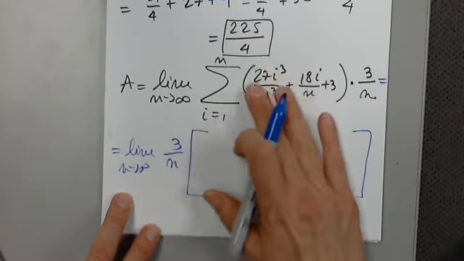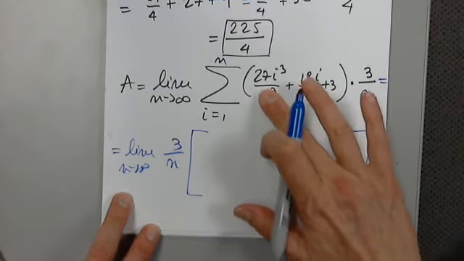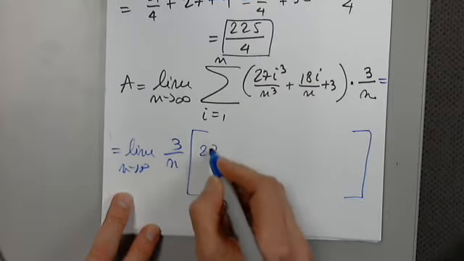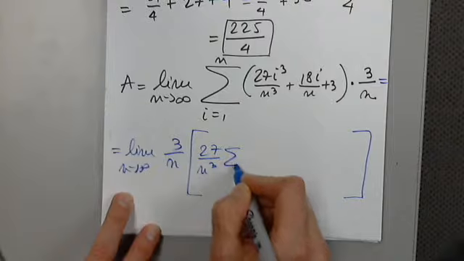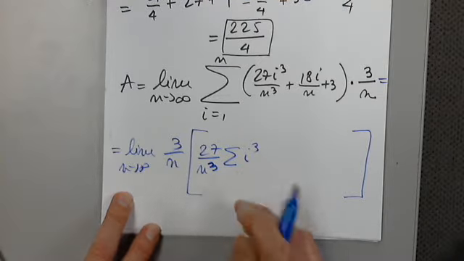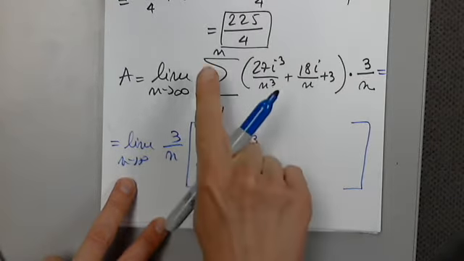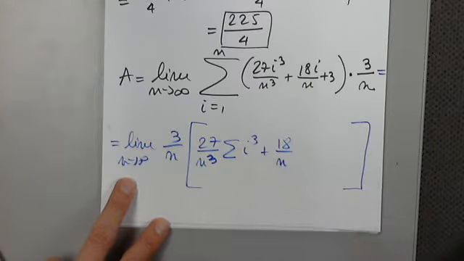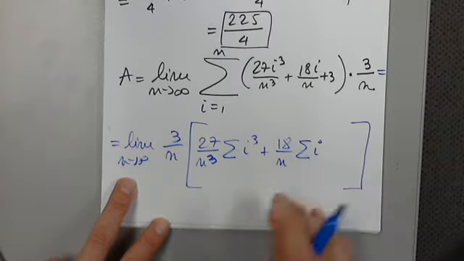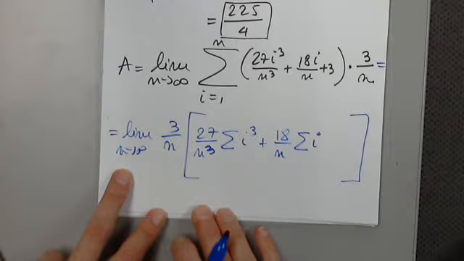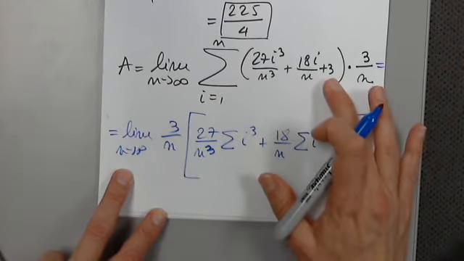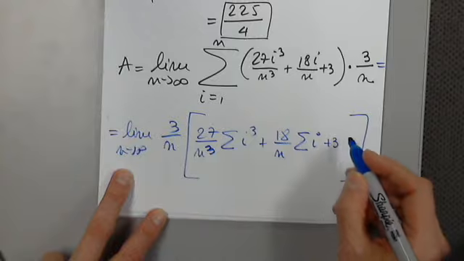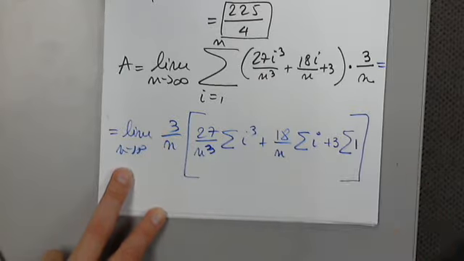When I put the summation on the first term, this portion is a constant, so it comes outside. So this is a sum of i cubed. When I put the summation on the second term, the constant 18 over n comes out, and I have the sum of i. And now I put the sum on 3, which means 3 is outside and the sum of 1.